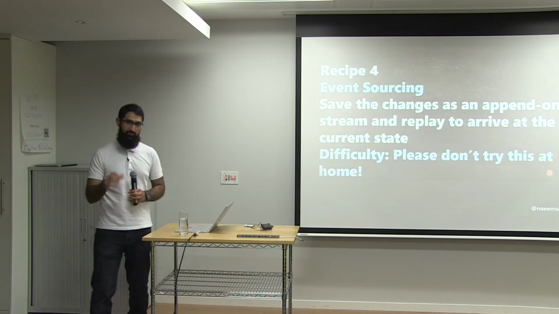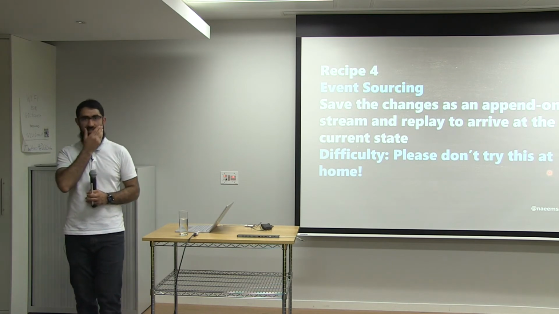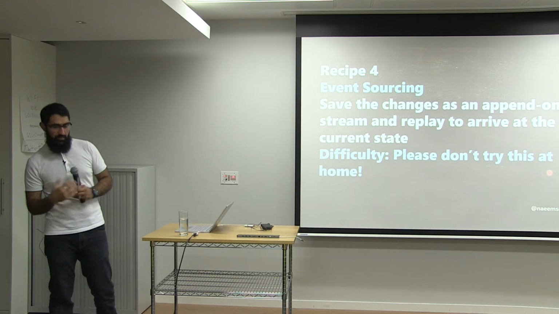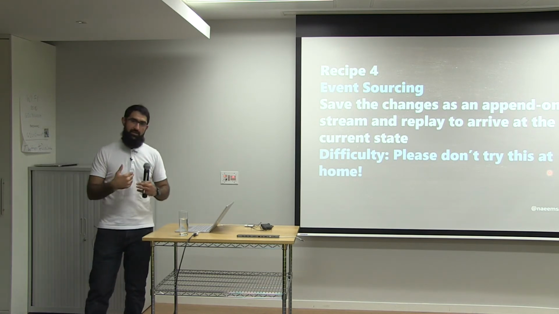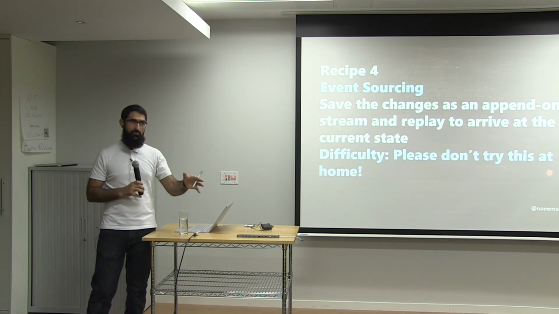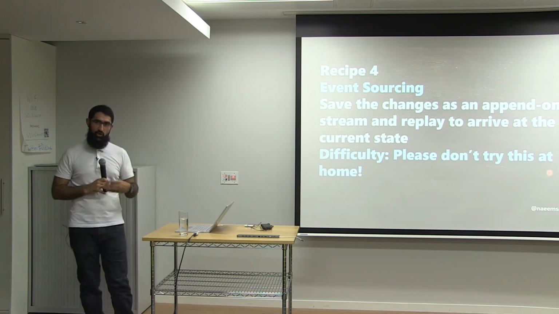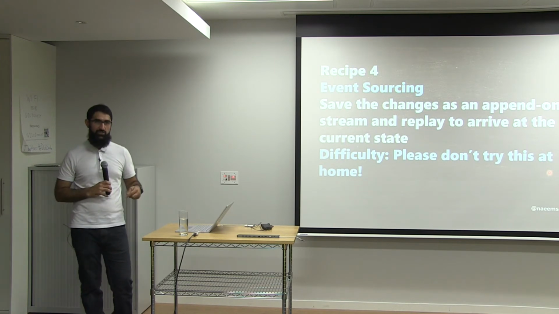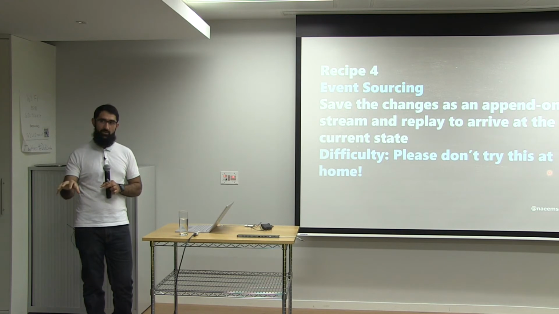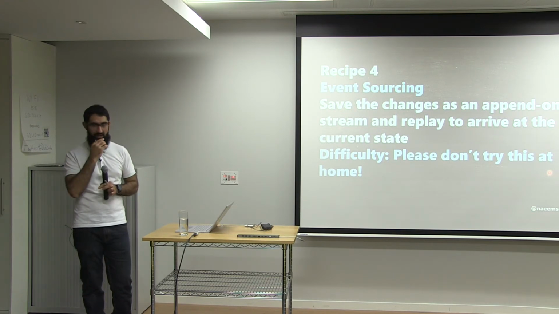Now, I have a 4th recipe here, and that's because now that we've separated our code into 2 distinct functions where we're writing and reading, it opens up an opportunity to think about how we are persisting our data, the write stack now.